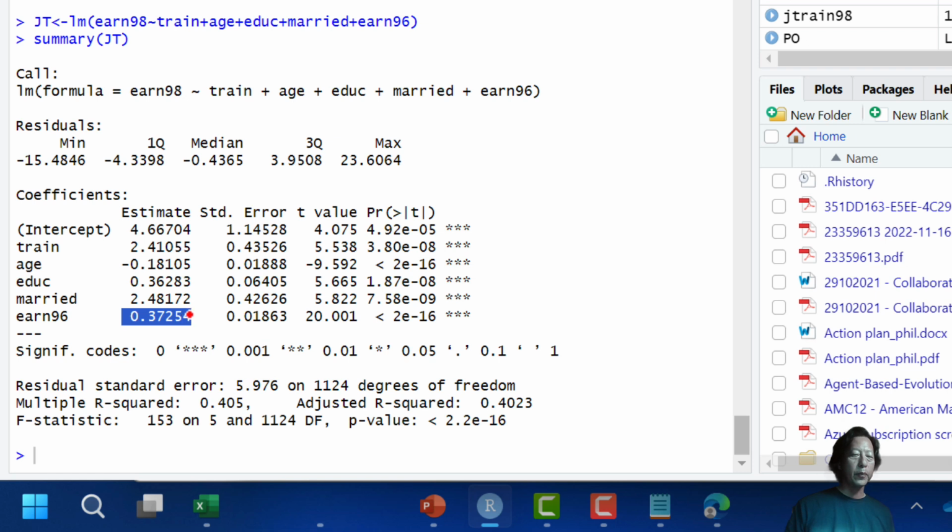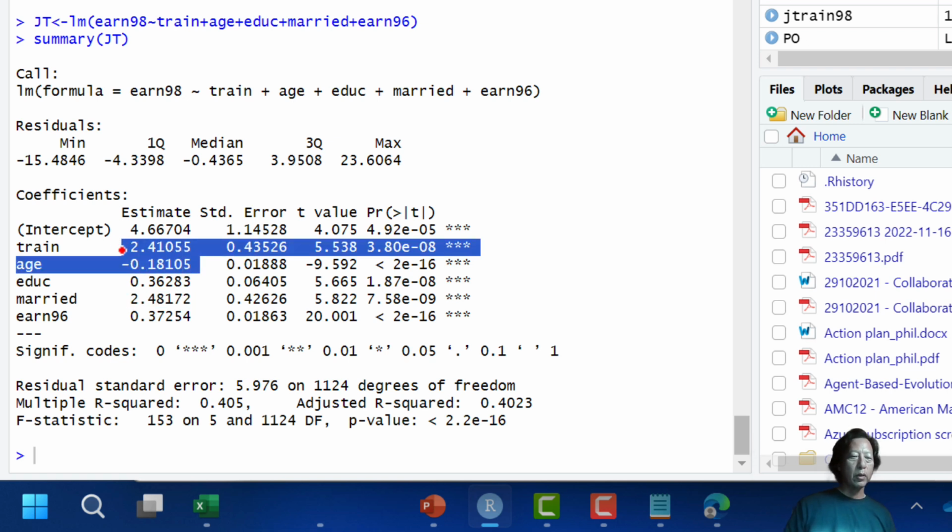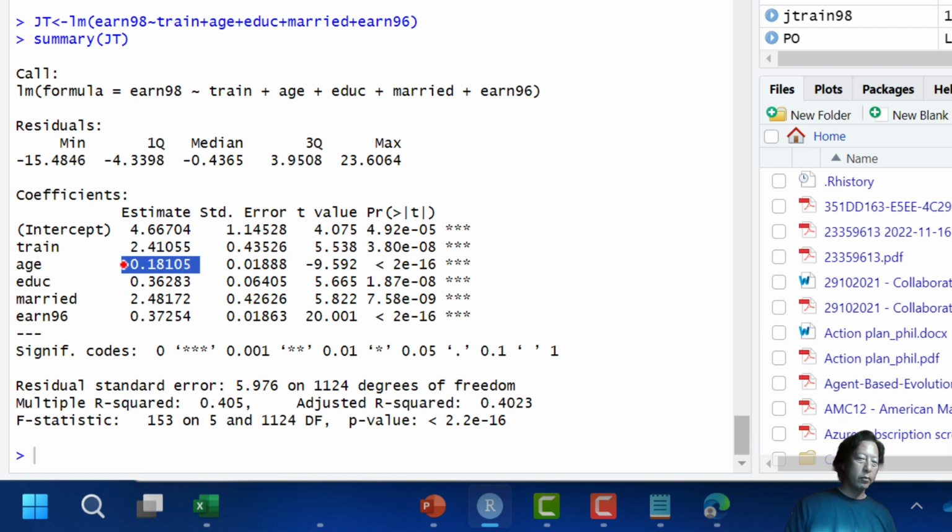This is a prior earning level. So previously if you earned a little more, then you will earn a little more later. If you are married, you will earn more. If you are older, your salary goes down and so on, but training has a positive effect.